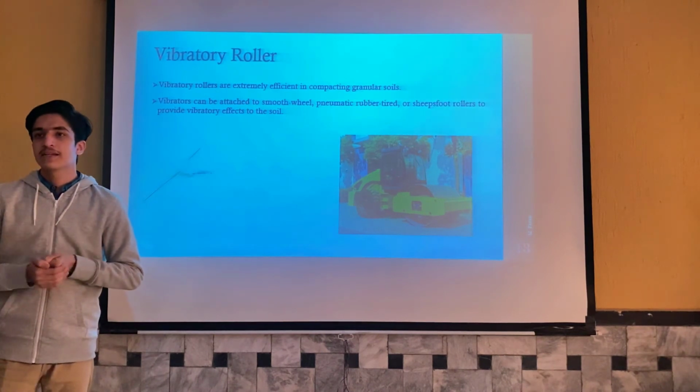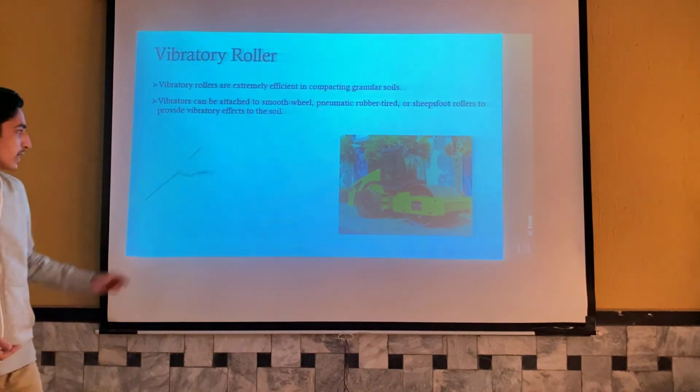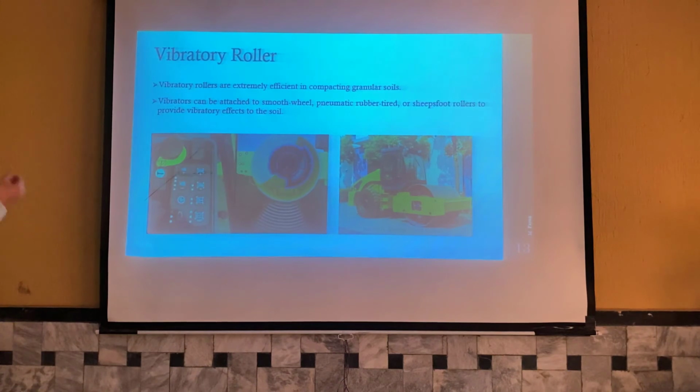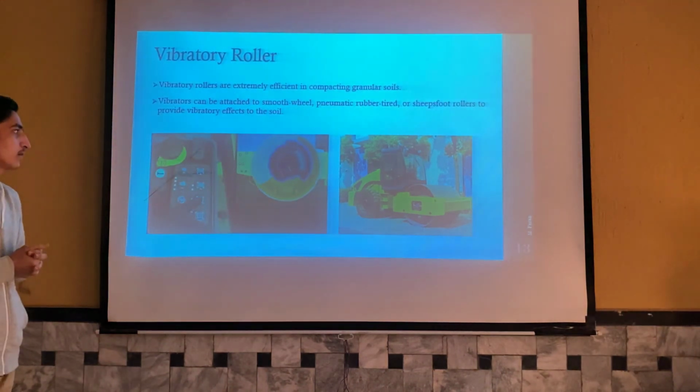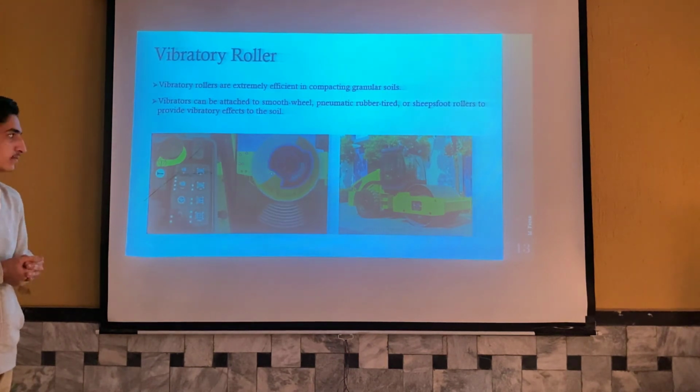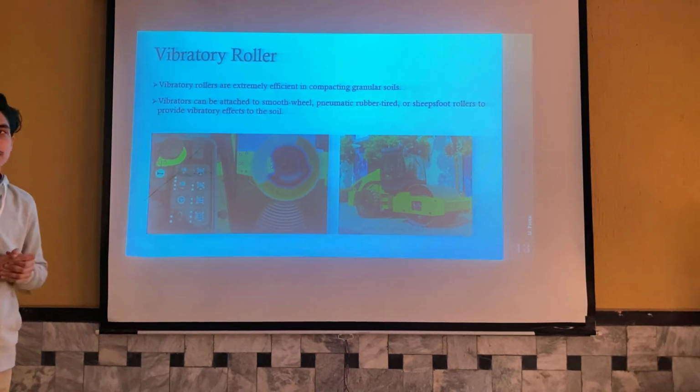It increases the compaction, as you can see in the video. As the roller moves forward, it also vibrates the ground underneath it, and this vibration increases the compaction. In fact, this vibratory roller is the most efficient.